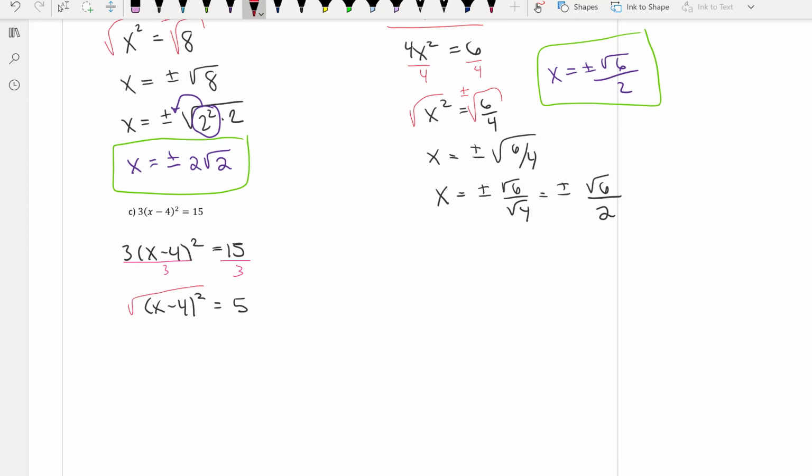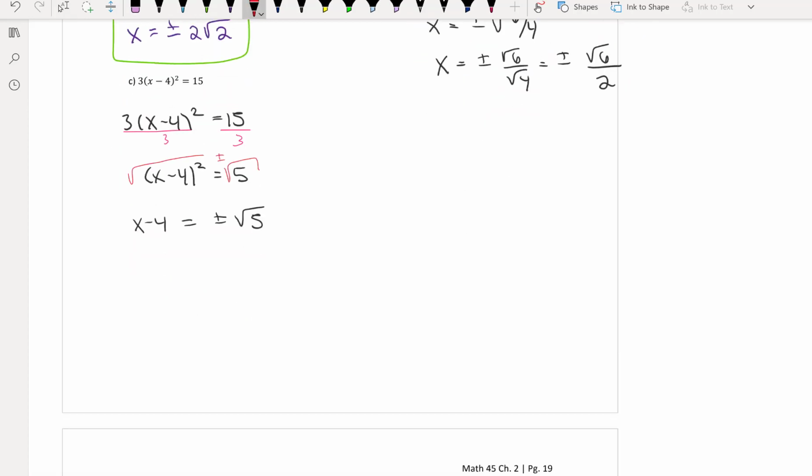From there, I'm going to square root both sides, and don't forget the plus or minus, so that x minus 4 is equal to plus or minus the square root of 5. Now, you want to make sure that the 4 is put on the other side in the right direction. It's always going to be in front of the plus or minus. So x is equal to 4 plus or minus the square root of 5. So that is going to be my final answer.